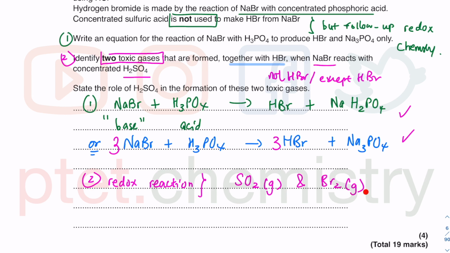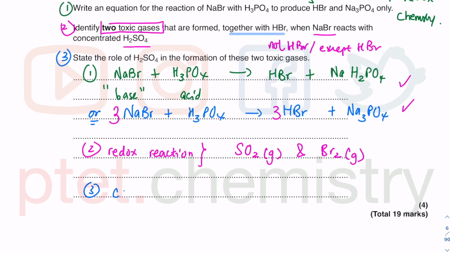It's supposed to be a liquid, but because of the exothermicity, it releases a large amount of energy, and Br2 being a simple covalent molecule, quite volatile, it can vaporize to give you reddish brown fumes. State the role of the sulfuric acid in the formation of these 2 toxic gases. These are concentrated sulfuric acid. It acted as an oxidizing agent.